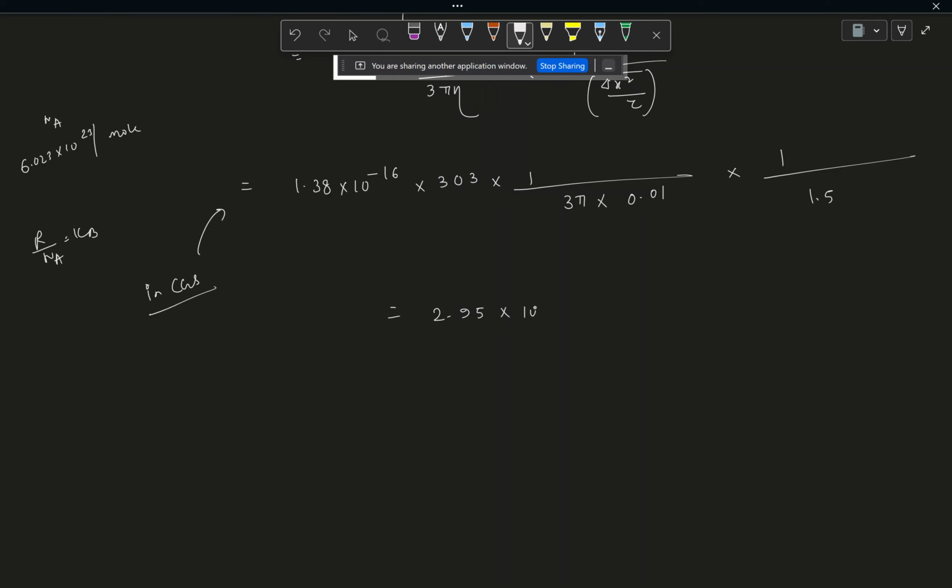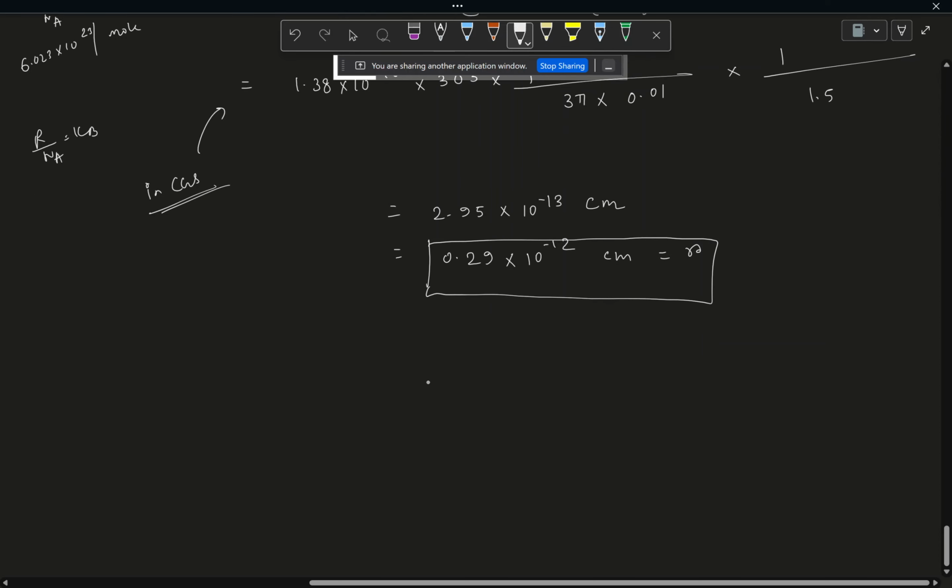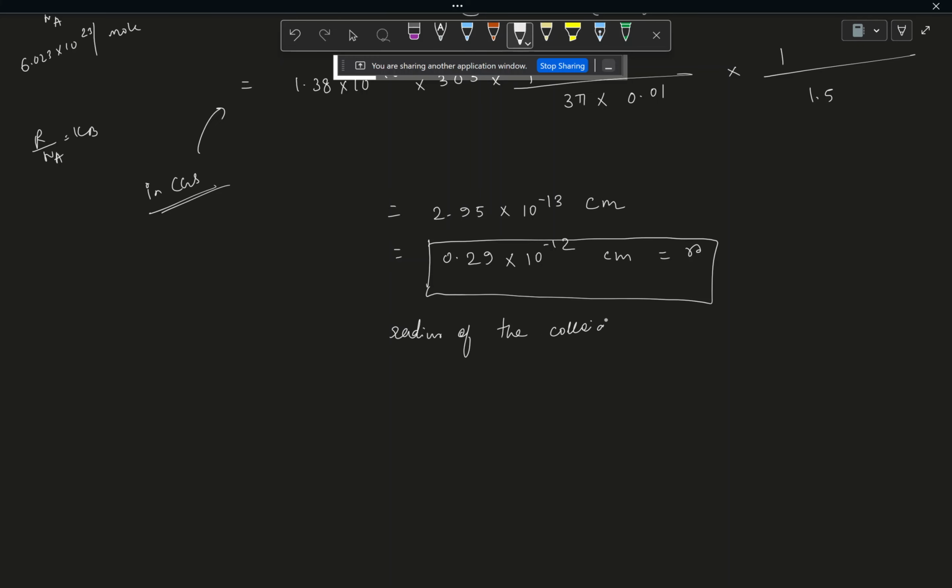2.95 into 10 to the power minus 13, and remember we are doing this in CGS, so this is centimeter. Now you can also write it as 0.29 into 10 to the power of minus 12 centimeter, which is your value of radius R. So this is your final answer, in centimeter, the radius of the colloidal particle.